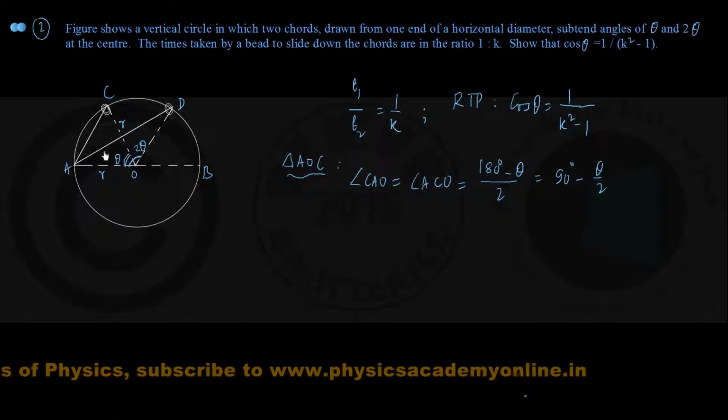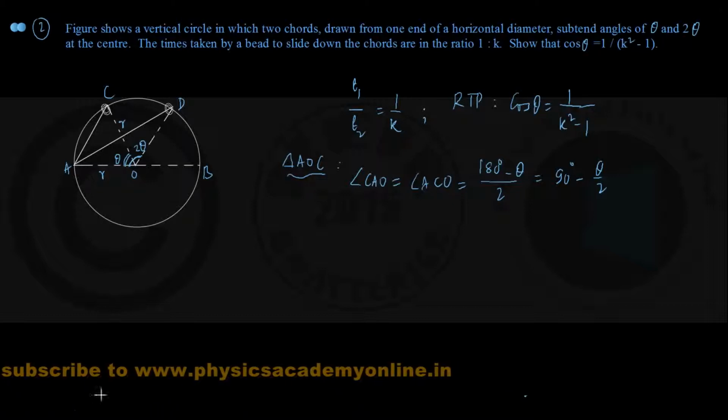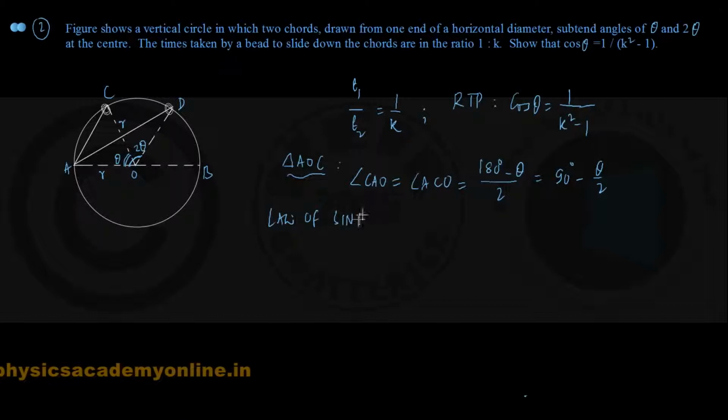Once we know the value of this angle, either CAO or ACO, let us apply the law of sines in this triangle. We have done this law in properties of triangles under trigonometry. According to this law, the length of any side of a triangle divided by the sine of the opposite angle is a constant.